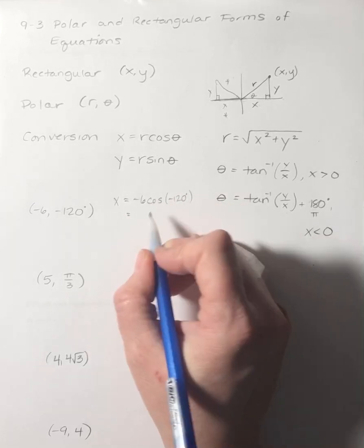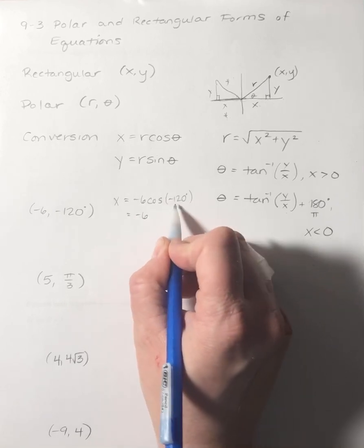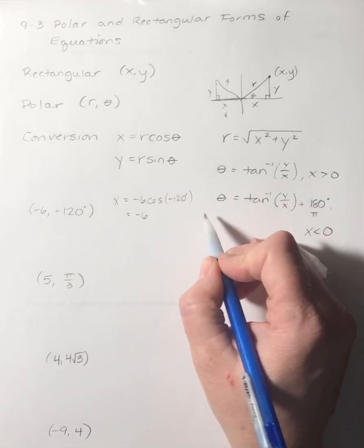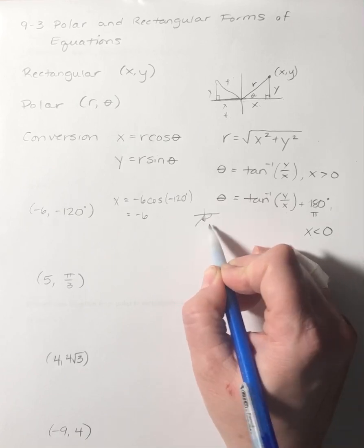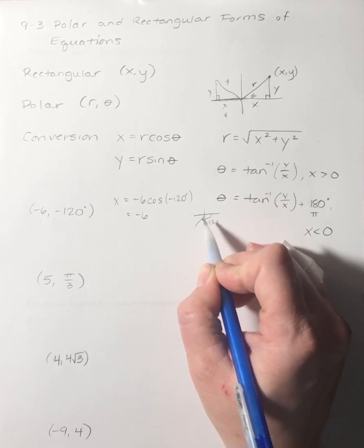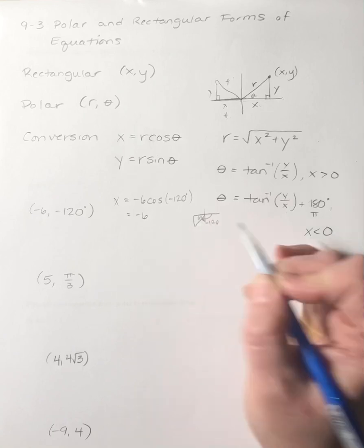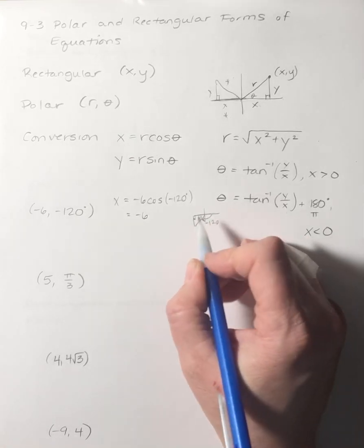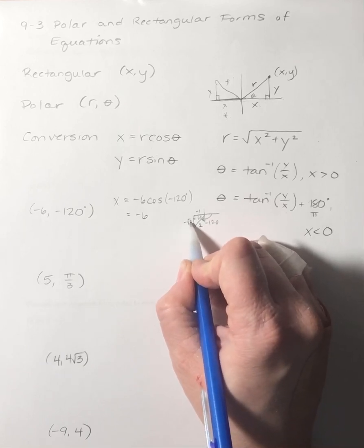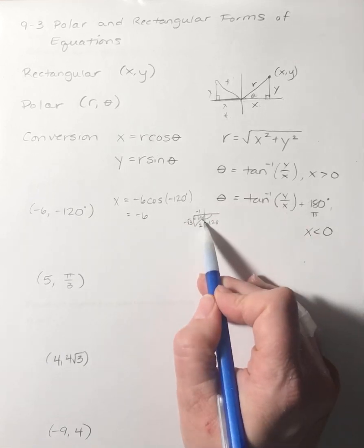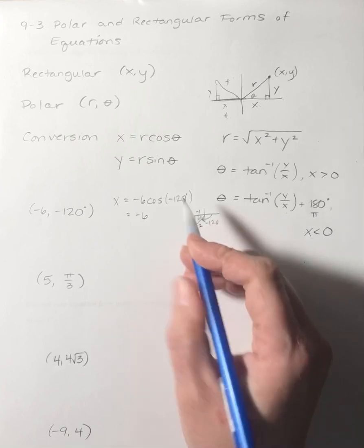Well, cosine of -120, if you need to draw yourself a little picture, -120 would give me a reference angle of 60 degrees. So this is going to be a -1, 2, and a negative square root of 3. So the cosine of -120 is going to be -1/2.